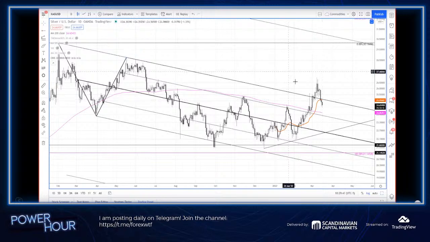Next level to pay attention to is probably that 200-day average, which, as you can see, was pretty good support, resistance, resistance, resistance, and in fact, extremely precise. And that's currently 2405. So that's the next spot to potentially do something.